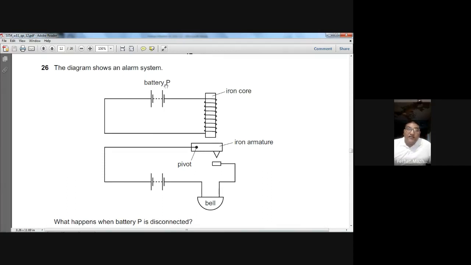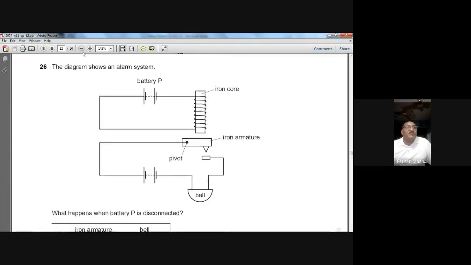But if you disconnect this battery P, if you switch off circuit number 1, this iron core will no more be an electromagnet. When it is no more an electromagnet, this iron armature, which was lifted upward, under the influence of its weight, will drop down. When it drops down, this second circuit will be completed. It will touch this thing and it will be completed, and this bell will start ringing.